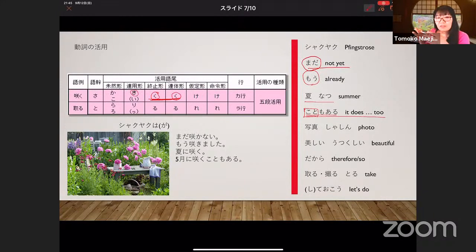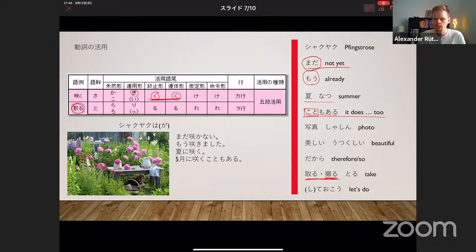So if the flower blooms, we take a picture. Then you have take here. We have two different kanji because they mean different things, but the sound is the same.